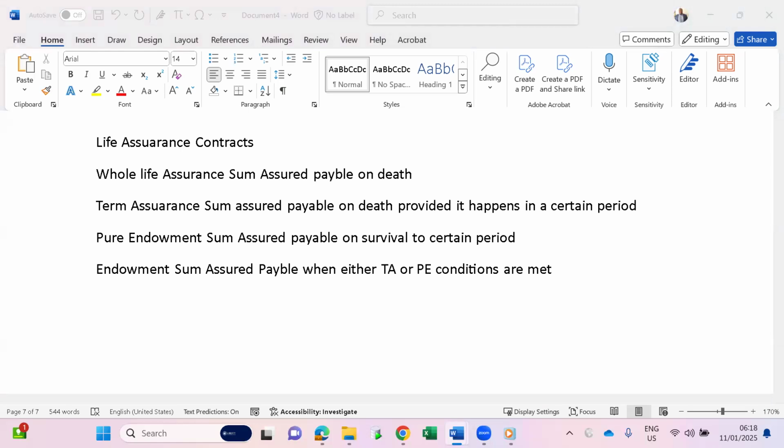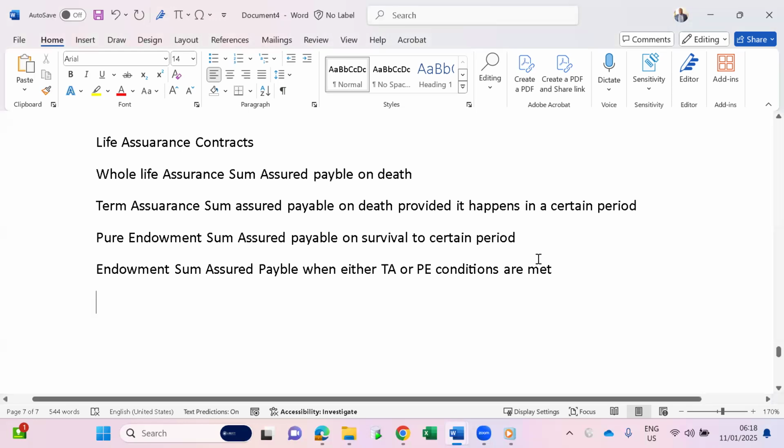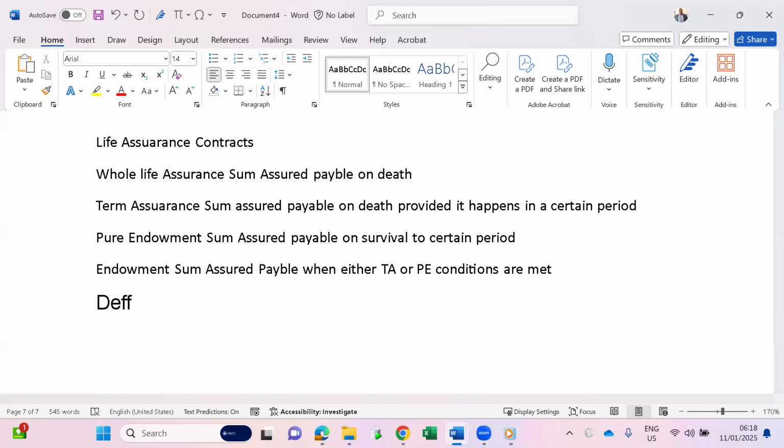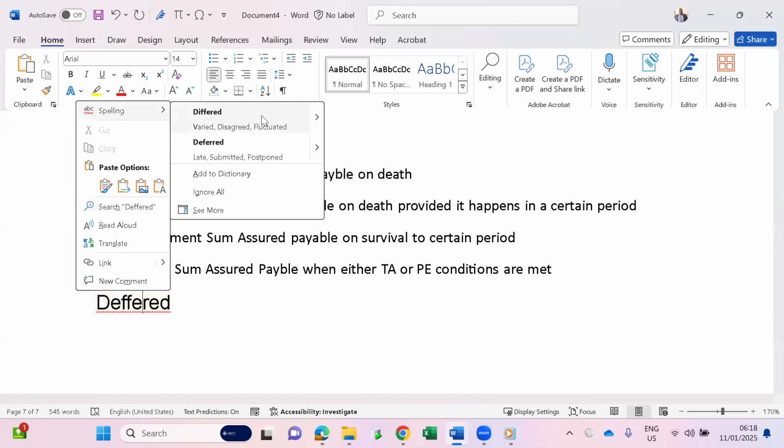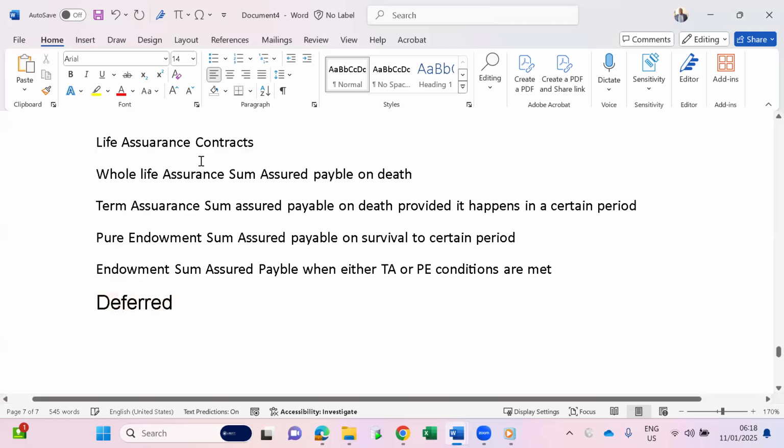The most important thing that we're going to deal with is, for each of these, we are going to look at the random variable, which is important, the expected present value, and the variance.